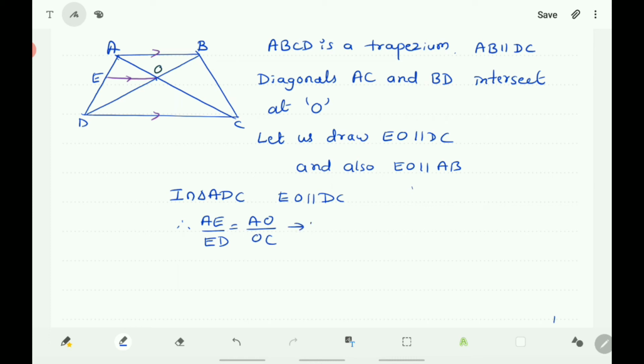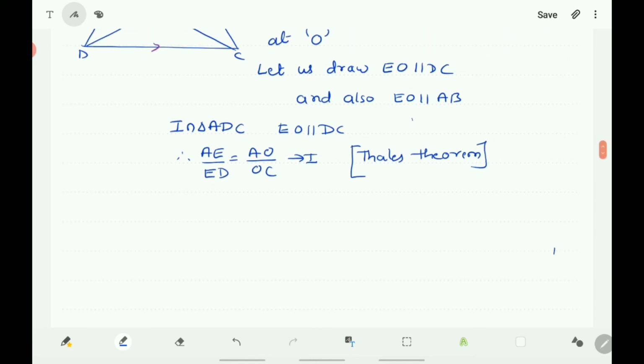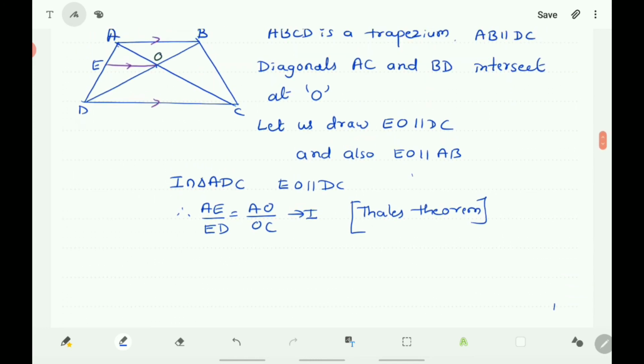Consider this as the first. The reason is Thales theorem.